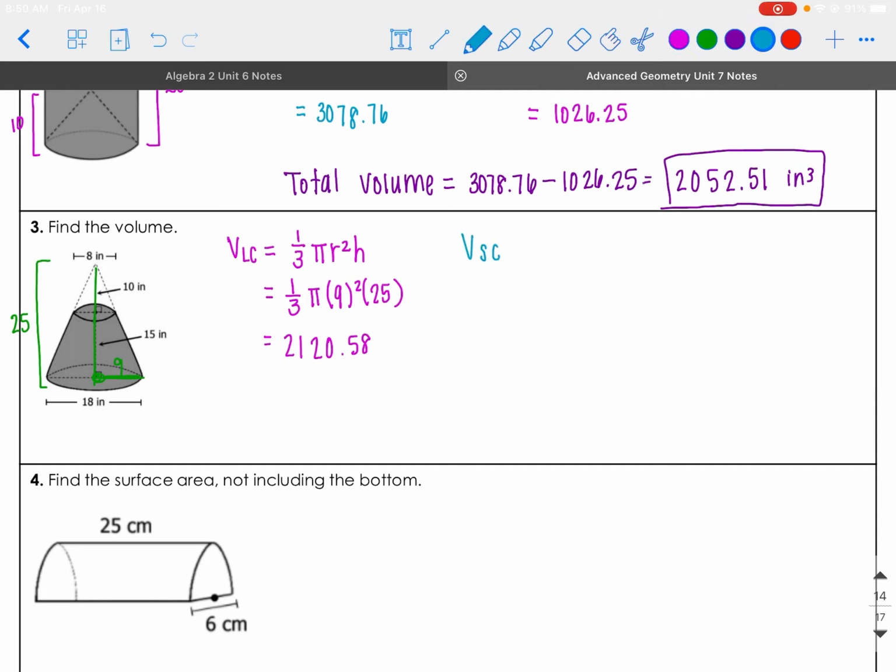All right. Then the volume of the small cone is 1/3 pi r squared h. Now my radius is 4, because it tells me here at the top that diameter is 8. So my radius is 4, and the height of just the small one is 10.